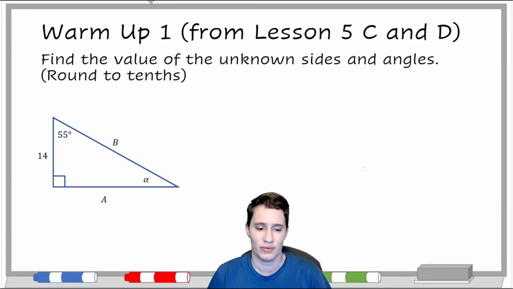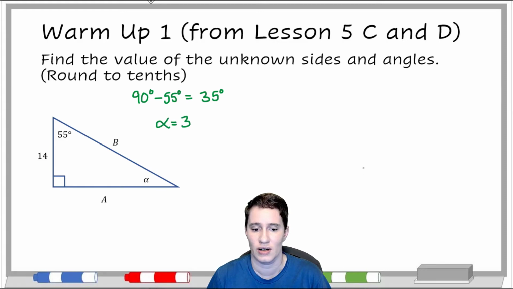Or even better, since this is a 90-degree angle and it's pretty easy to do 180 minus 90, we really just need to do 90 minus 55, and that will give us what alpha equals. So 90 minus 55, so it takes 5 to get to 60, and from 60 to 90 is 30, so this would be 35. That means alpha is 35 degrees.